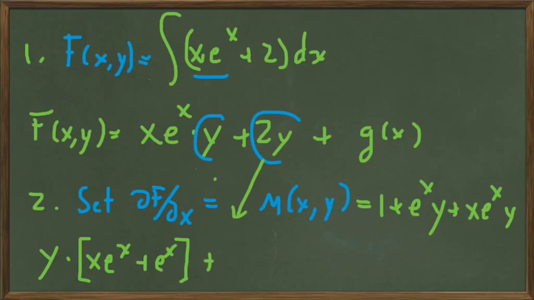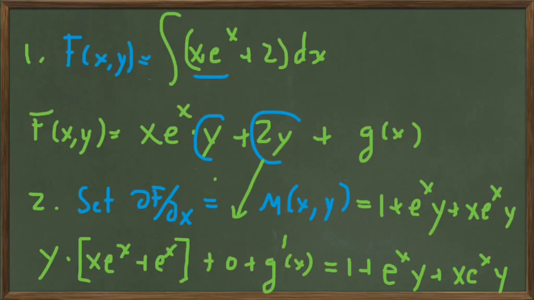The partial of the 2y is 0, and the partial of the g of x is g prime of x, and then we set that equal to the M of x,y, which is 1 plus e to the xy plus x e to the xy, and we see that all of this cancels out with this, and we're left with g prime of x is 1, or g of x is x plus c.